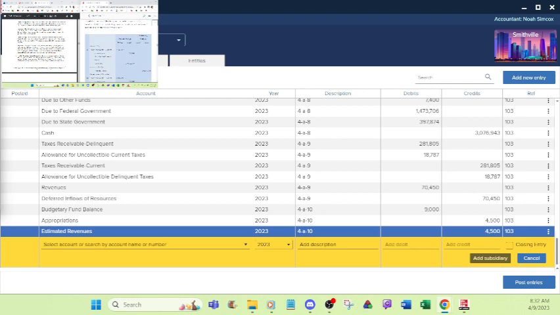Wait. What if you're just adjusting the accounts receivable? Do you also adjust the revenue? Oh, obvious.